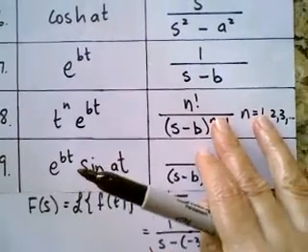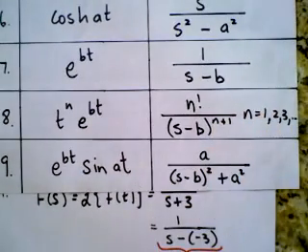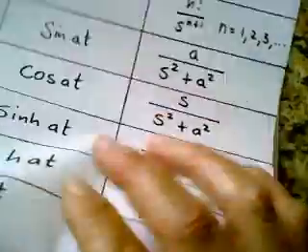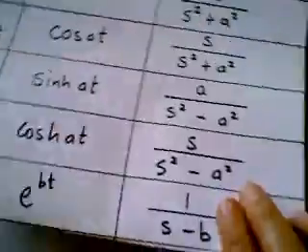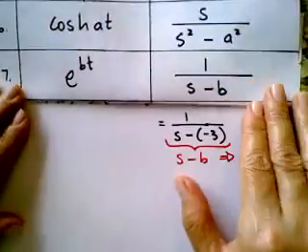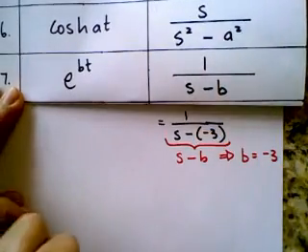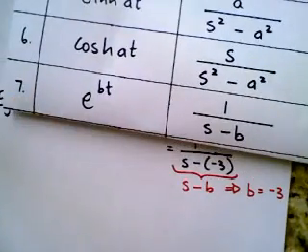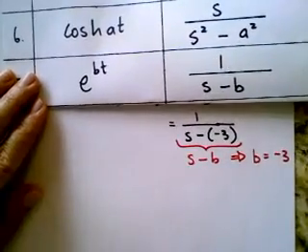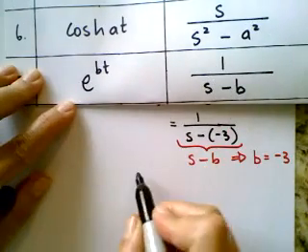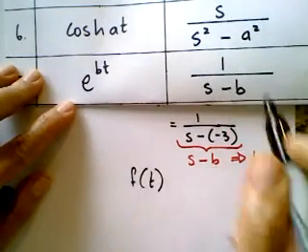So if we look at our example again, let me just fold this so you can see it easier. So that's the form that we have, which means that our inverse is going to be f of t, right?